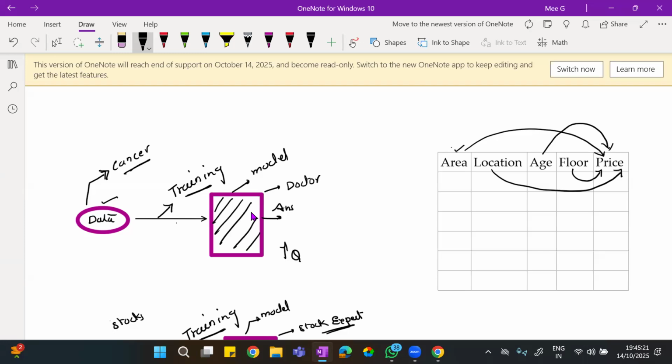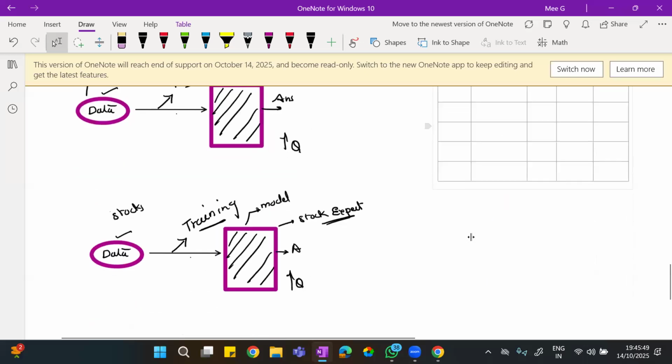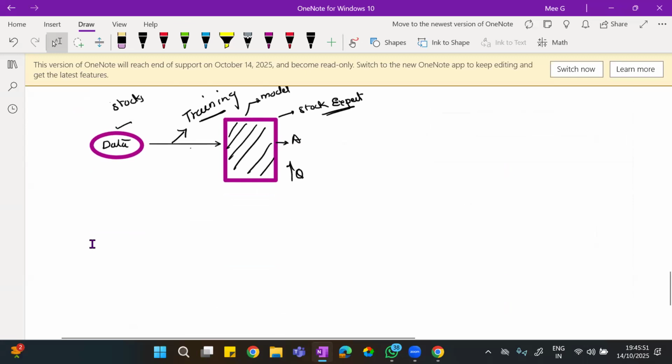Clear? This is the way it will be doing. It will try to analyze the relationship between the different features, and it will learn it. Now, if you give it a location, the area and the floor, it will give you the answer because it has already learned. This is the way it will work.